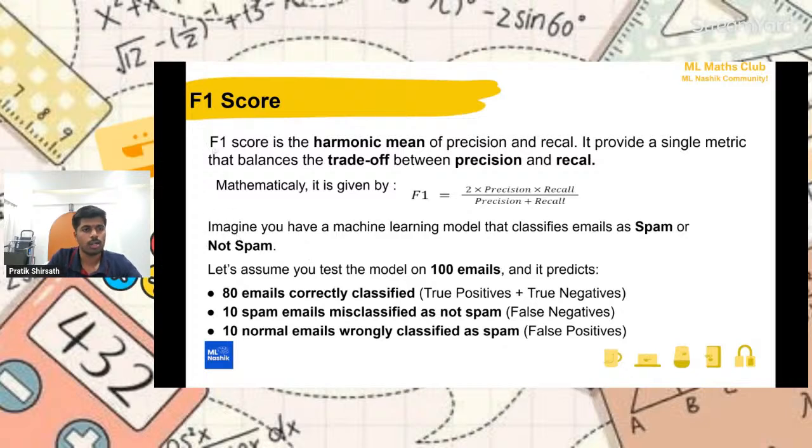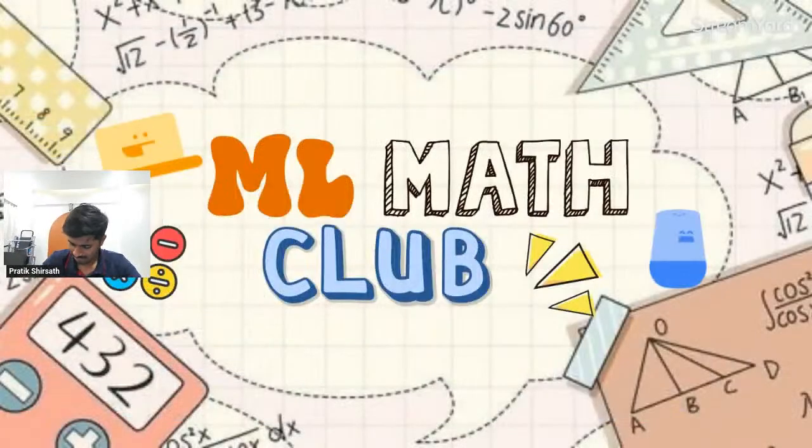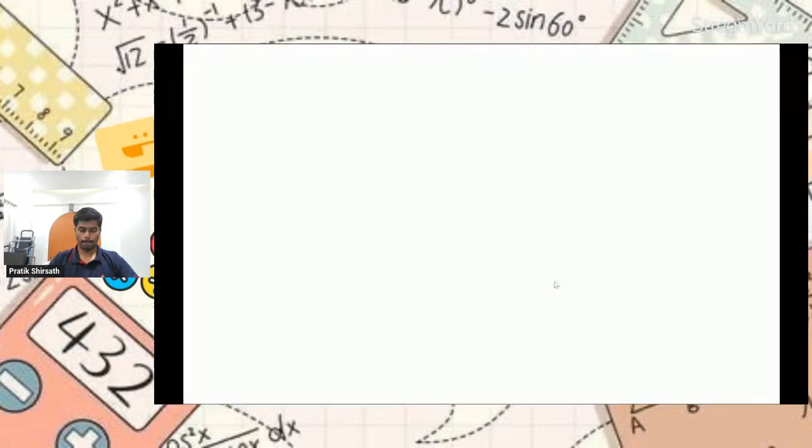So the F1 score is the harmonic mean of precision and recall. First of all, let me tell you what a harmonic mean is. For that, I have to switch back to my iPad screen. Give me a minute, less than a minute, sorry. Harmonic mean.